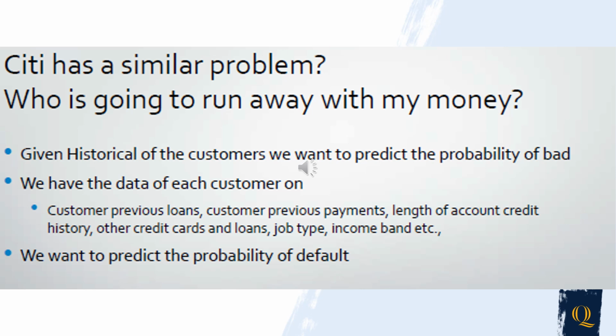Luckily, you have historical data for each customer: past loans, payment history, length of credit history, and other crucial details like income, job type, and credit card. Using this data, you can build a predictive model to forecast the likelihood of default. This approach helps you make better decisions about approving or declining credit and helps manage the risk of financial loss.